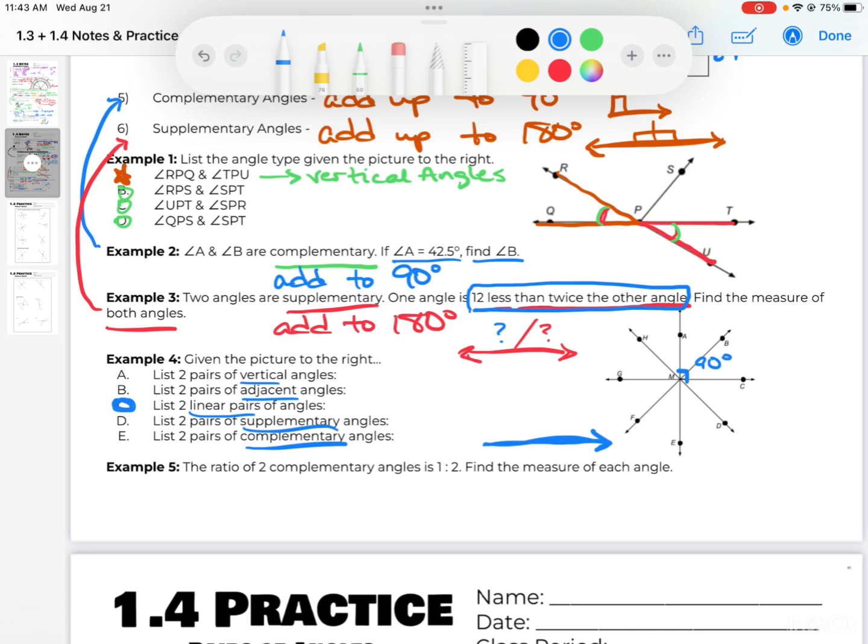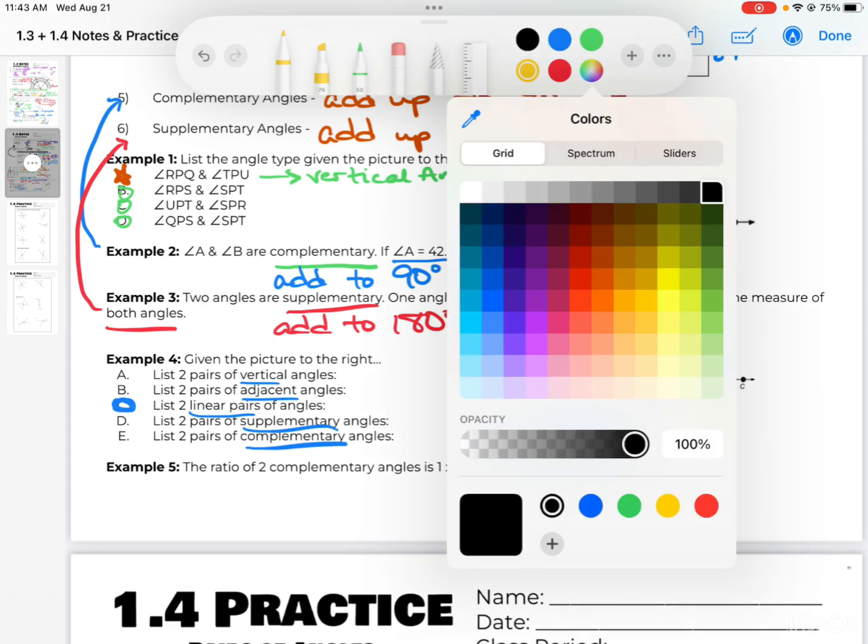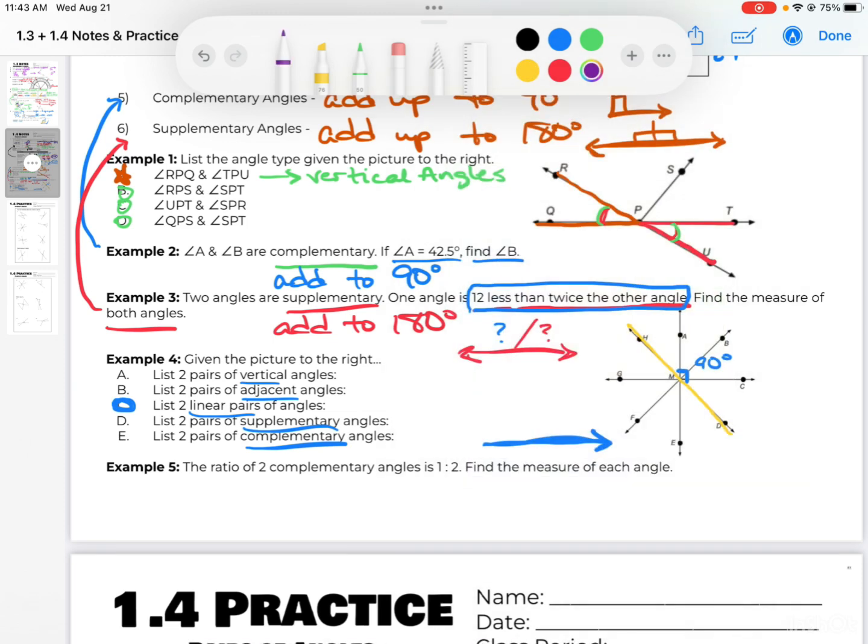C says to list 2 linear pairs. So I'm looking for some angles that form a perfectly straight line. A good strategy for this is to find one of the straight lines and then see what angles make that up. And so I'm going to show you the easy way, and then I'll show you a more, not complicated, but just not quite as straightforward.